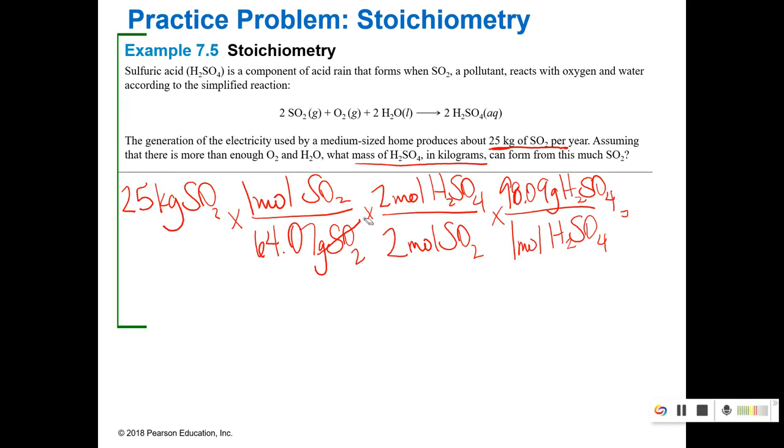Let's not cancel the grams. Just cancel SO2. Then moles of SO2 cancel, moles of H2SO4 cancel, and then this gram will cancel with this gram from SO2. So I'm left with kilograms H2SO4. Again, this only works if you have kilograms at the beginning and at the end. If you don't, you will have to go ahead and get rid of the kilograms, get it down to grams.